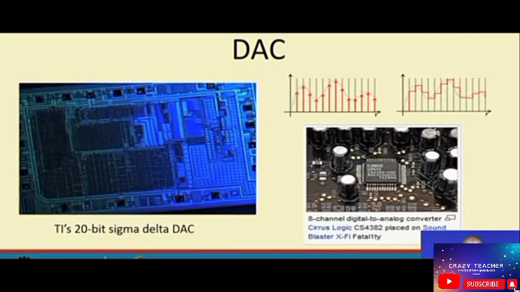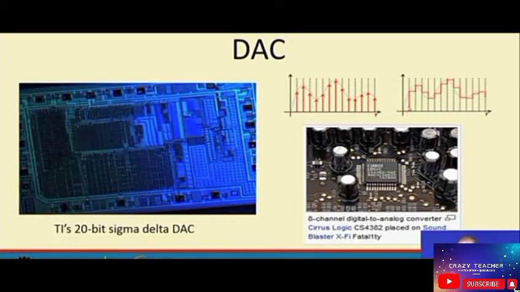Similarly, this is some commercial DAC. This is TI's 20-bit sigma delta DAC. Then this is an 8-channel DAC from Cirrus. So essentially what is happening is, this light colored signal is the analog signal that we have, and these are the samples.